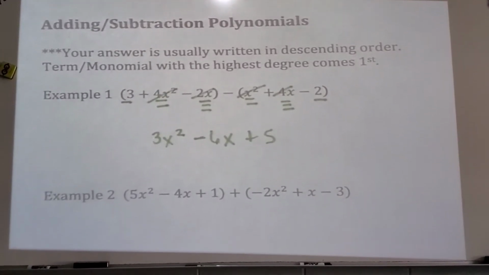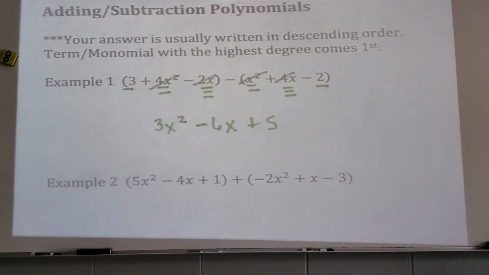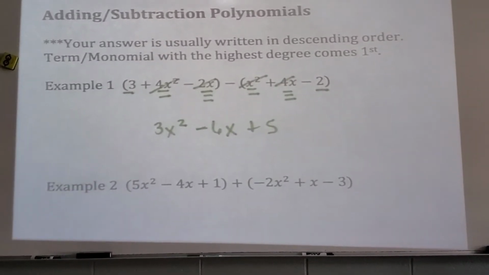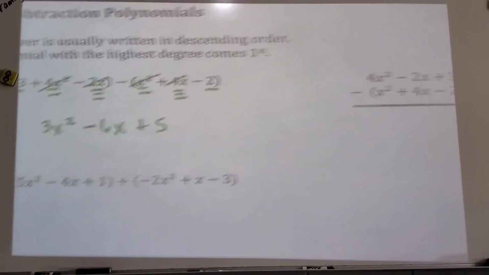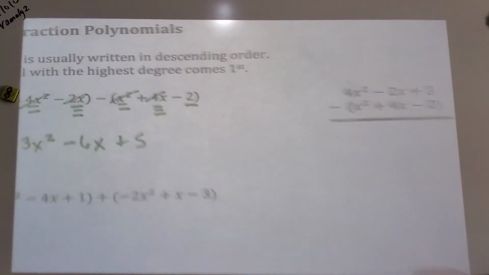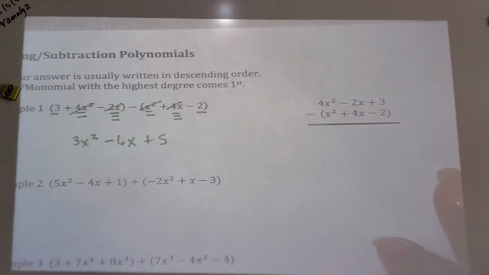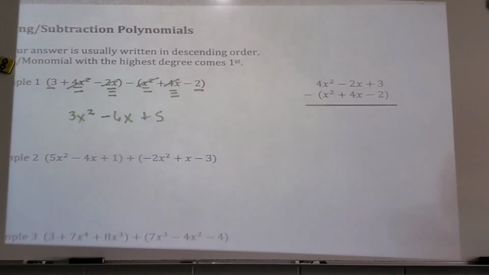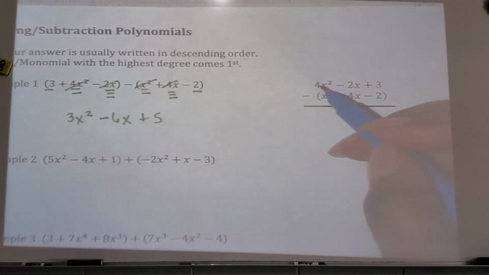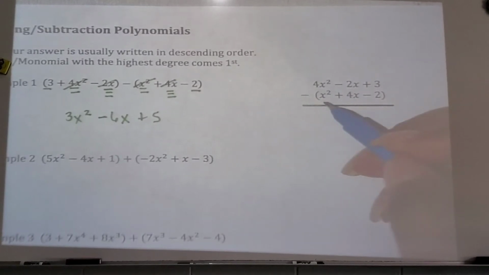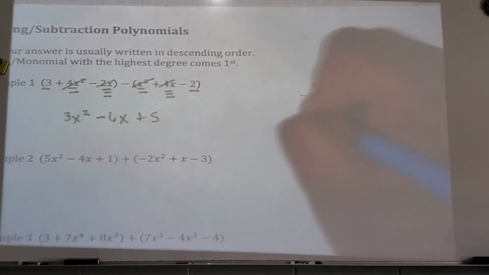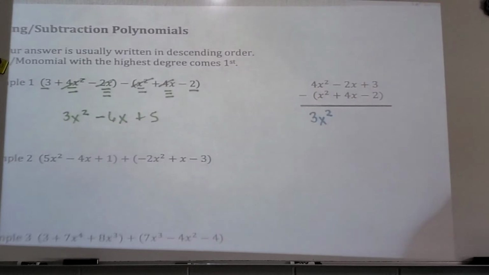On the right side of my paper, I'm going to take the same problem and I'm going to subtract them vertically instead of horizontally. Does it work the same way? Yes. So I have 4x squared minus x squared. That's going to give me a 3x squared.